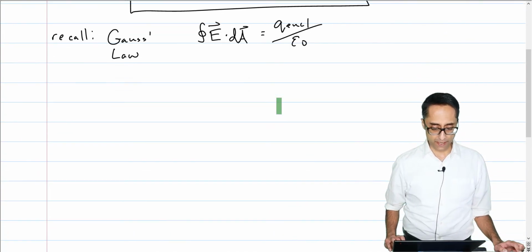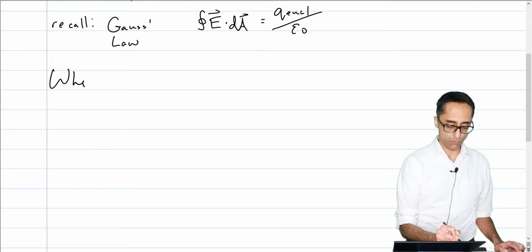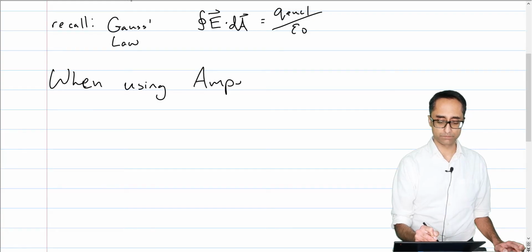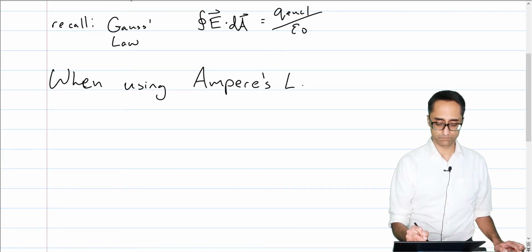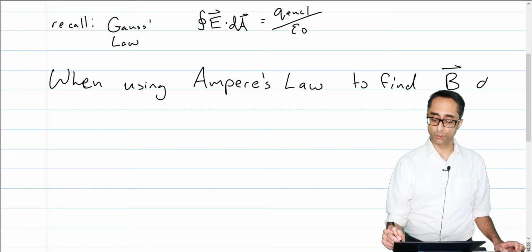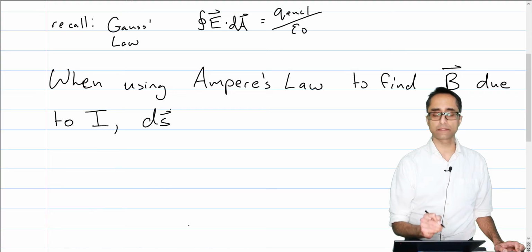So let's write some stuff down about all of this. Oh, let's get a pen. When using our Ampere's law to find the magnetic field B due to some current I, the one mystery element here is ds.